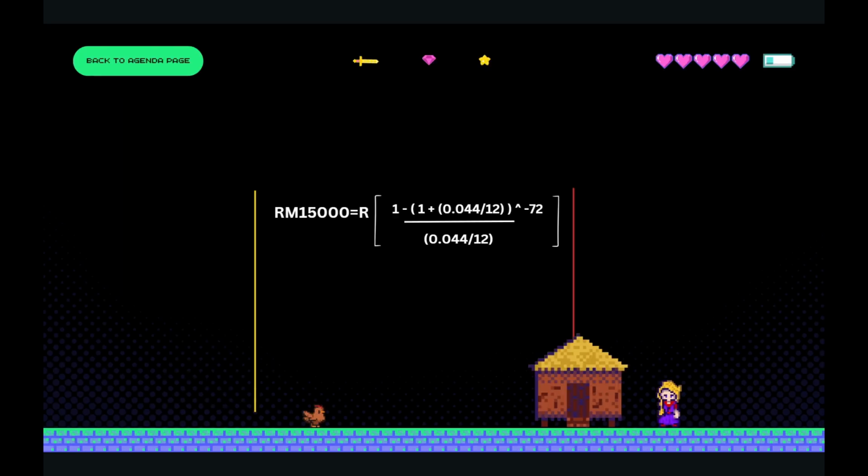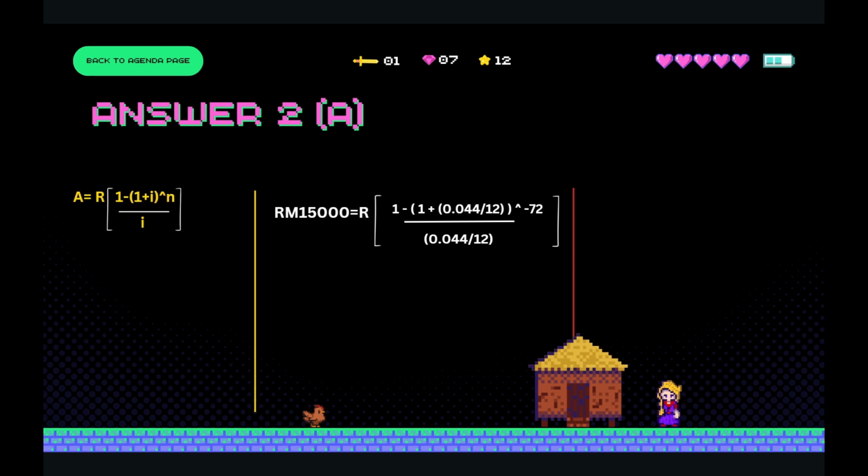So, after we collected the information, we will get 15,000 ringgit equals R, open big bracket, 1 minus open small bracket, 1 plus open another small bracket, 0.044 over 12 close small bracket in the power of negative 72 over open small bracket, 0.044 over 12 close small bracket and then close big bracket.